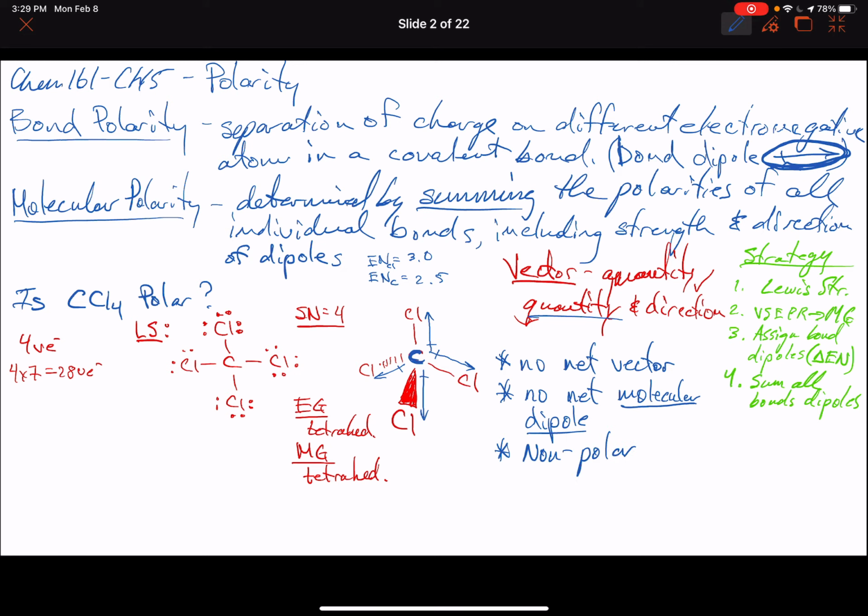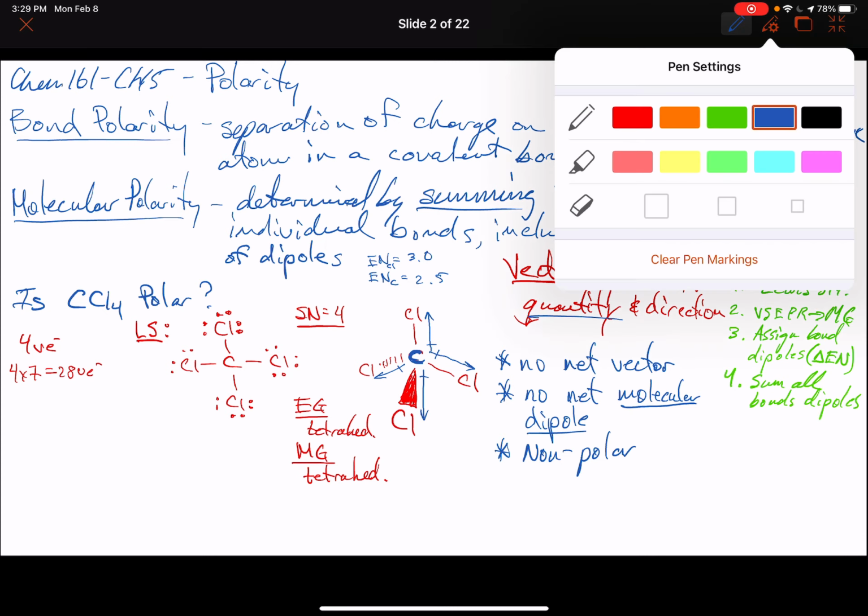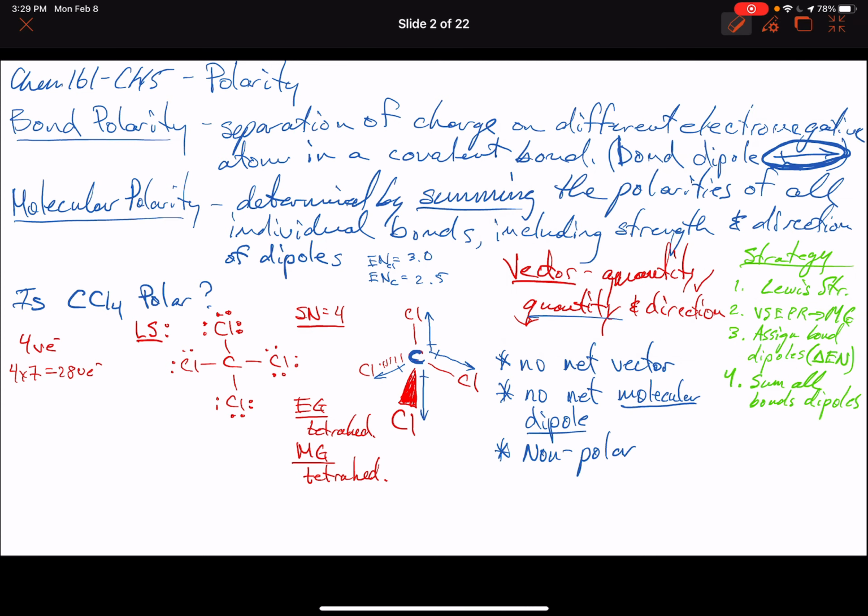Okay, so let's try one more, and we'll make some room for this and leave some of the essentials on the page. We'll look at an example where we have a net molecular dipole and a polar result. So we could ask the same question: is water, H2O, polar?